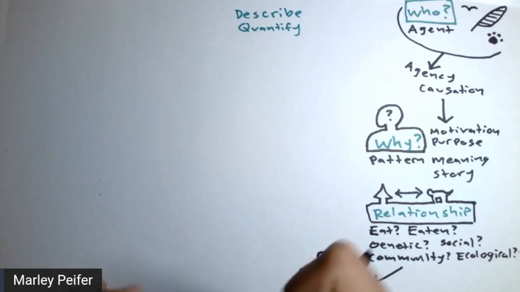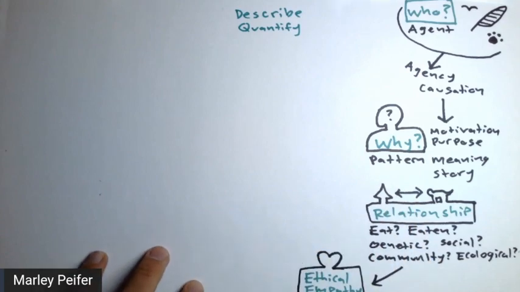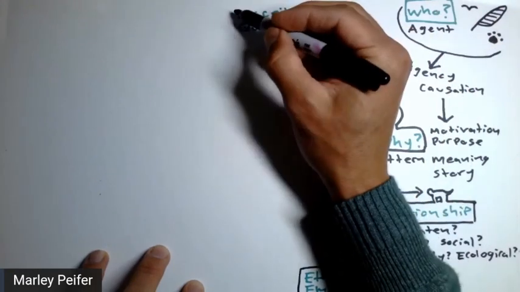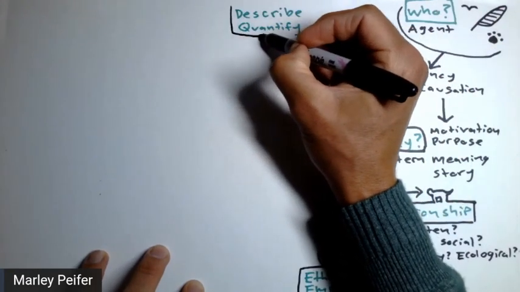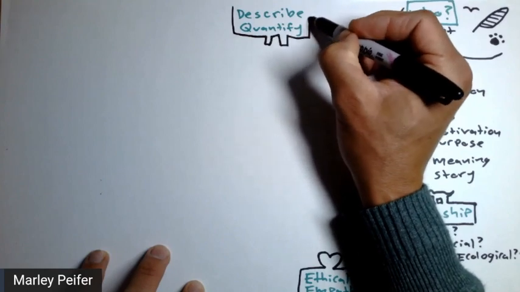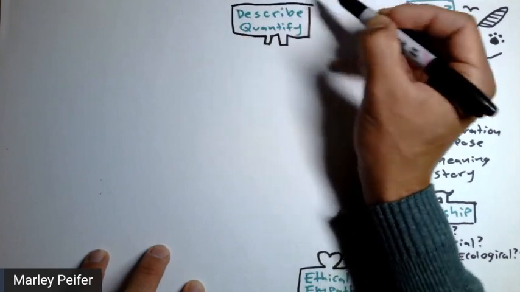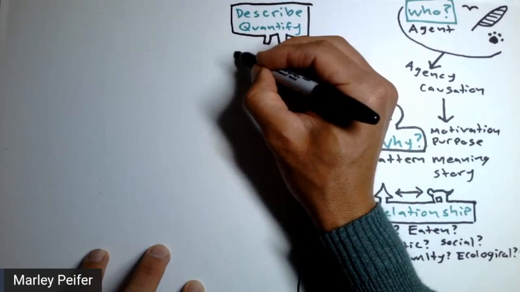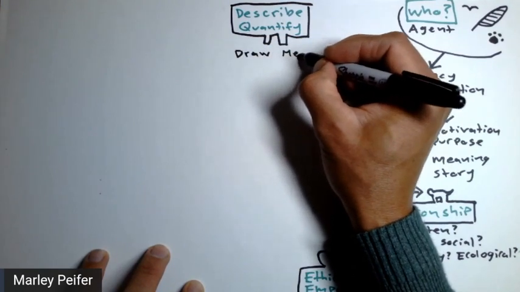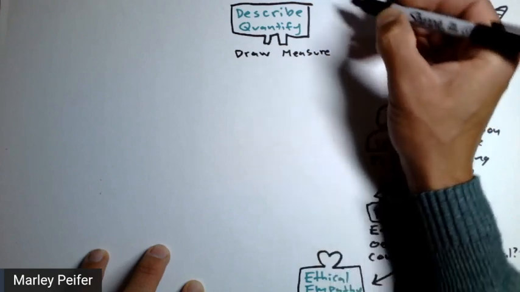How much does it weigh? They're kind of boring, but they can also be the beginning of your inquiry. And so when you draw something or measure something, it would fit into this category.